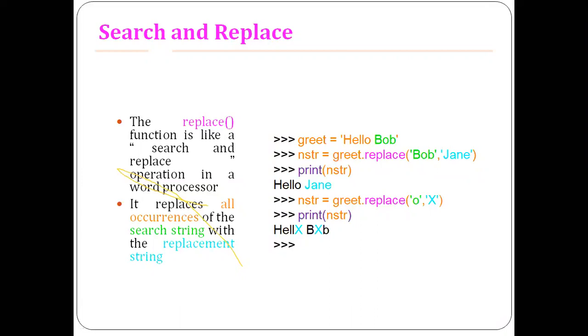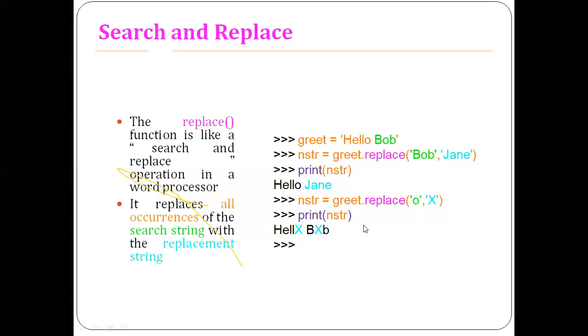Instead, it returns a string, and that string object is assigned to one more string object, nstring. The original string was HELLO BOB, and after applying replace, I have HELLO JANE.